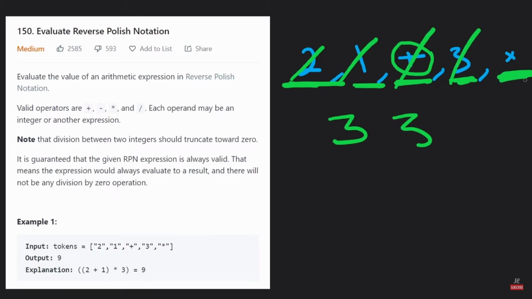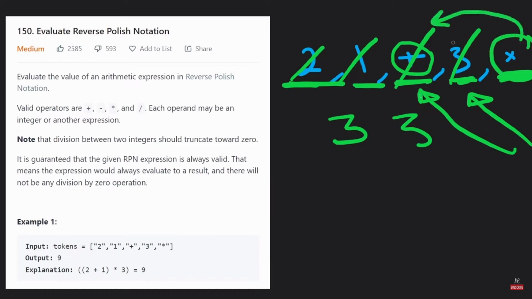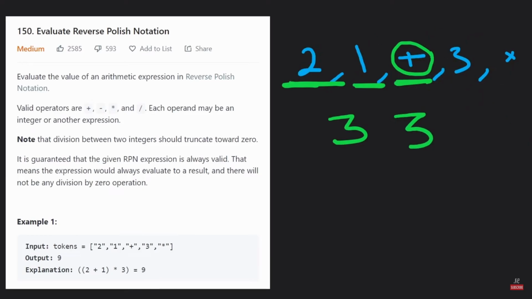It's going to be applied to the two previous values. Now, in the actual input itself, you can see that the previous value was a 3, and the value before that was a plus operator. When we say it's going to be applied to the two previous values, that's not what we mean. We don't want to apply it to another operator, right? We mean the two previous values that came. So you can see that we had a 3, and then the one before that was a 1.